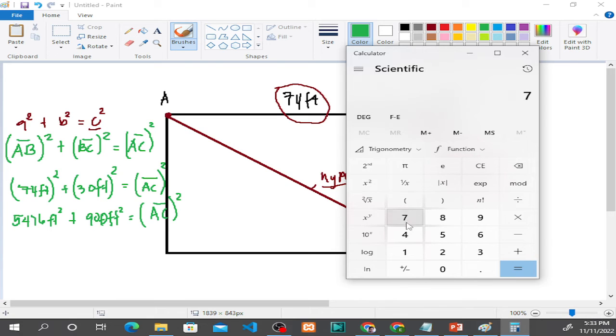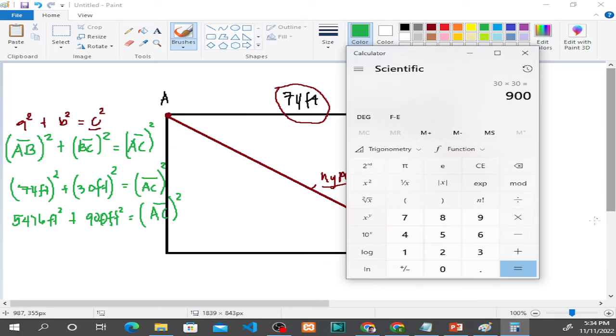So that's 74 to the power of 2, or 74 times 74, that's 5476, and 90 times 90 is 30 times 30, okay, is 900.